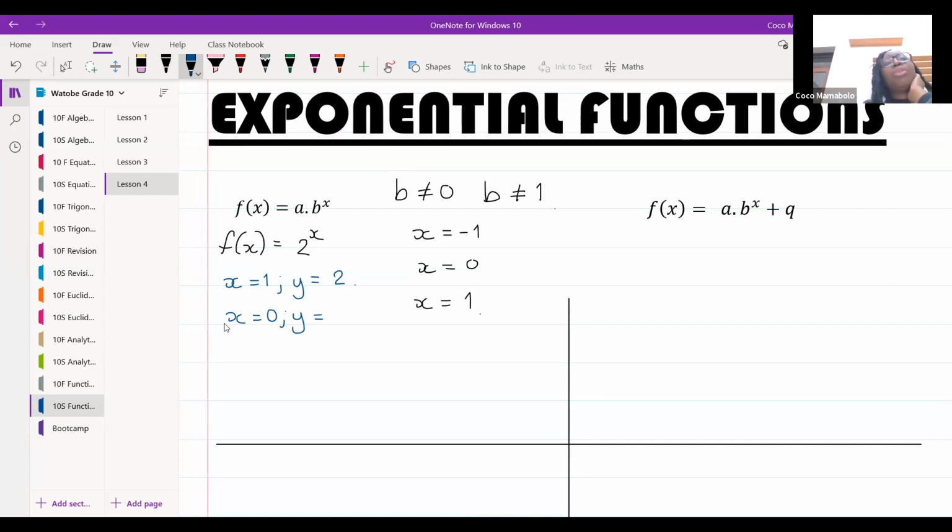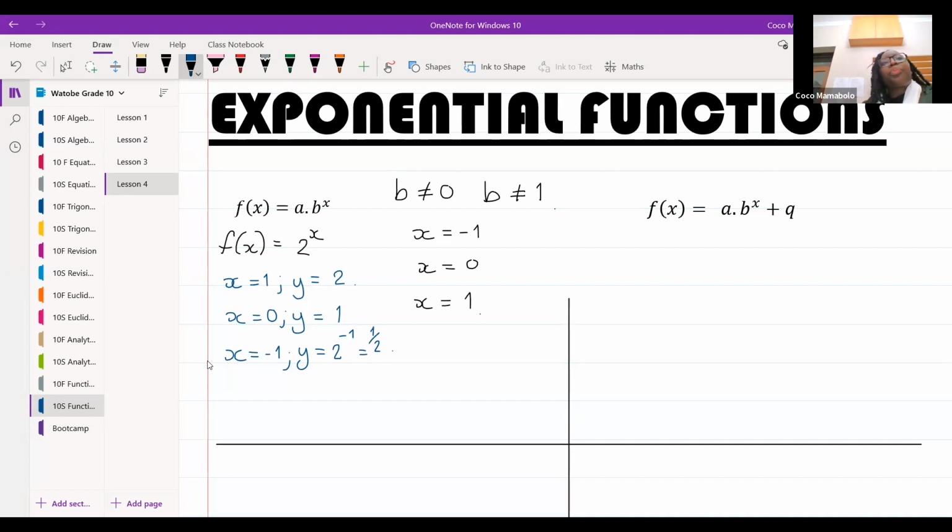Anything to the power of 0 is 1. Now what happens if my x is equal to -1? It's not going to be 2. I'm going to get 2 to the power of -1, which is the same as 1/2. Good. Y is going to equal 1/2. All right, let's plot this quickly.